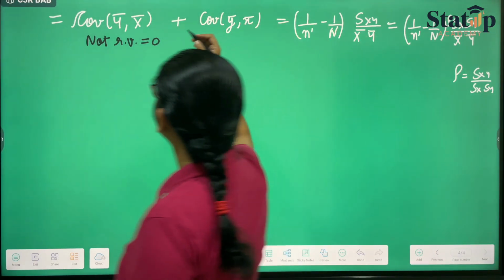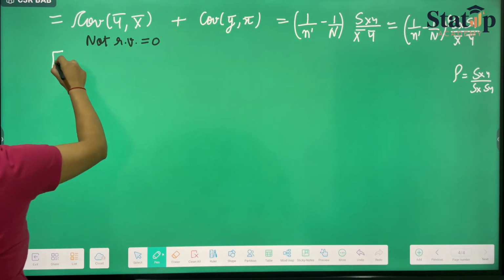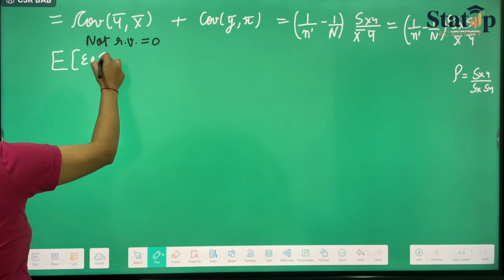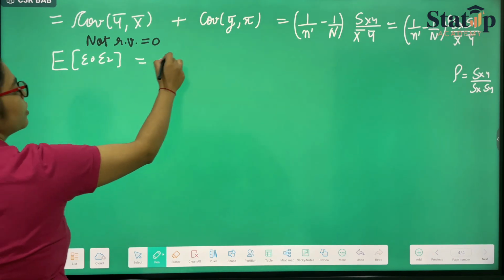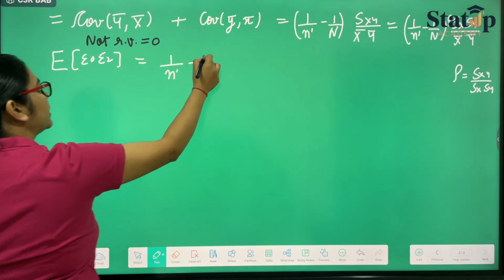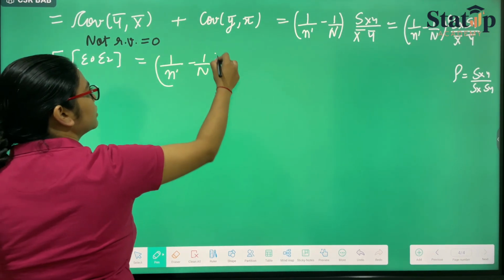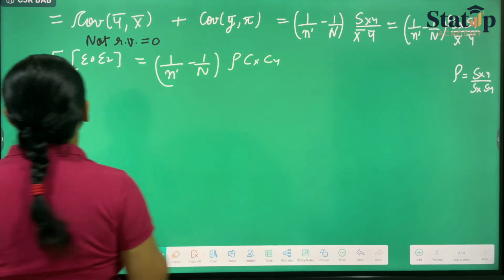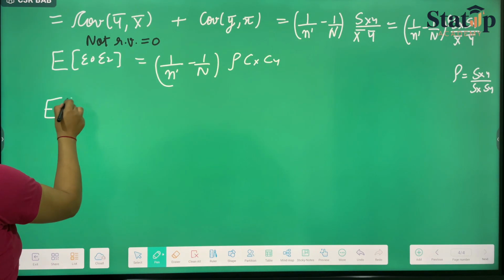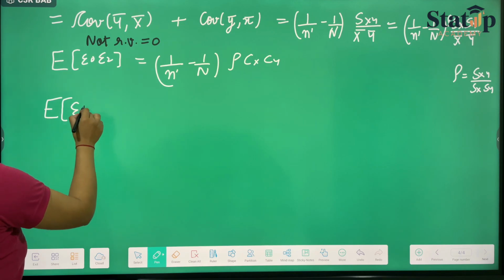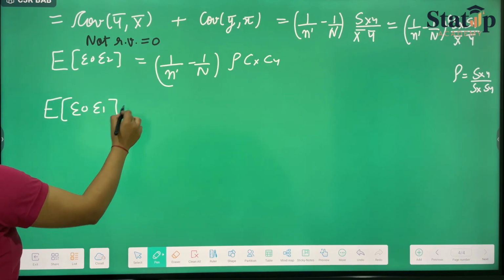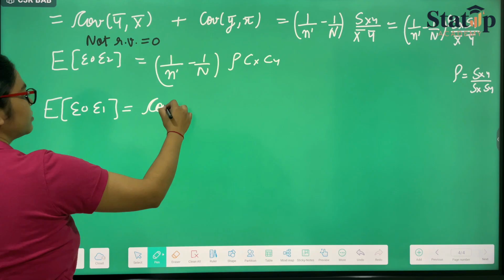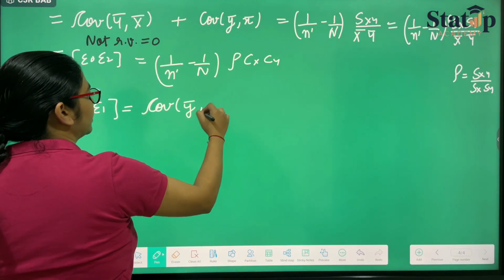Opening this, we will get the expectation of epsilon naught epsilon 2 equal to 1 upon n prime minus 1 upon capital N into rho cx cy. Now the expectation of epsilon naught epsilon 1 is nothing but the covariance between y bar and x bar.